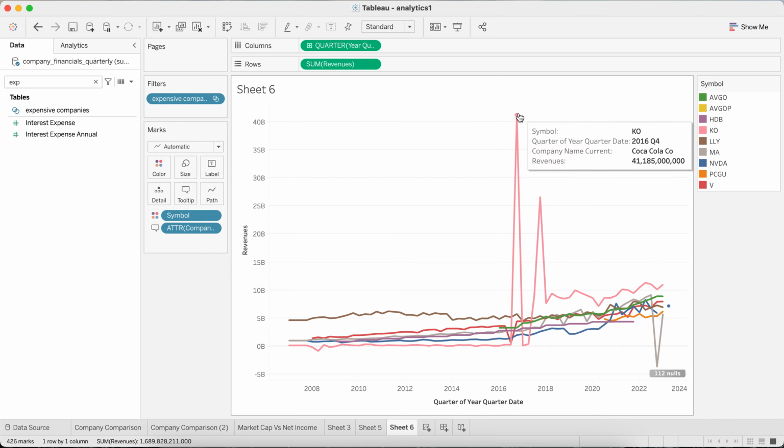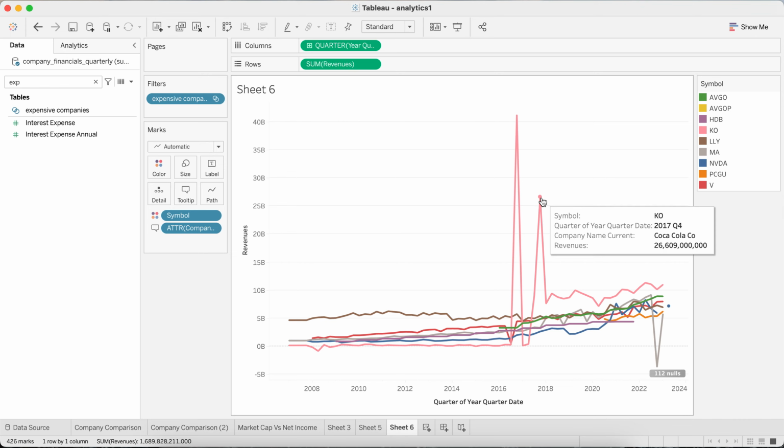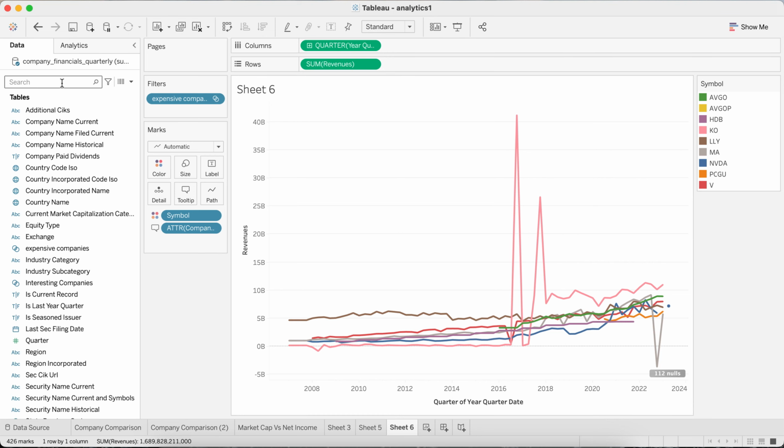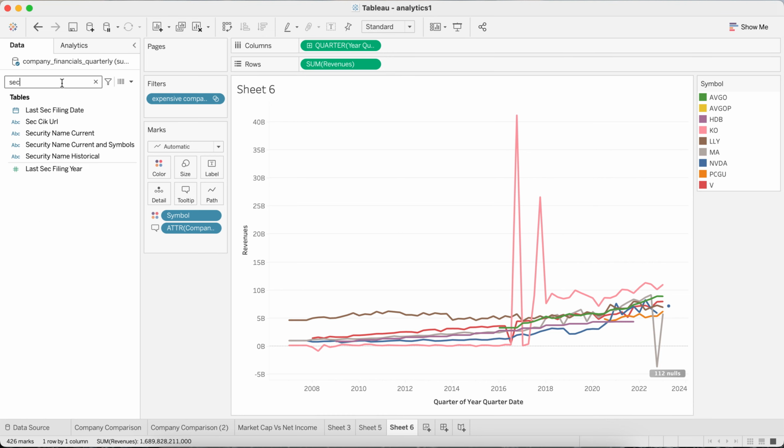Oh, this Coca-Cola reported some very high revenues for particular quarters. Probably might want to double check those numbers against their actual reports, and we can always double check those.